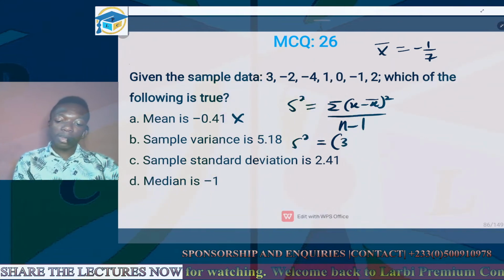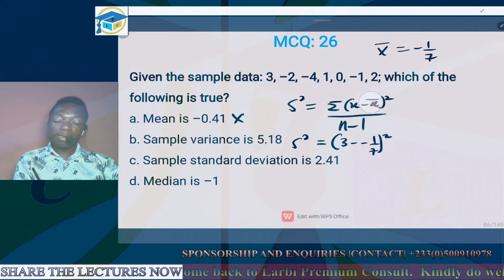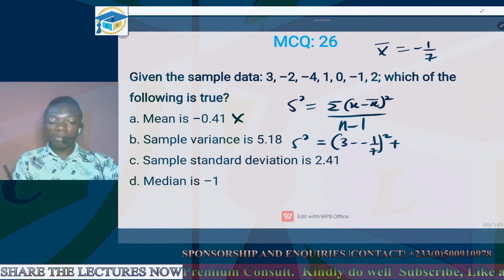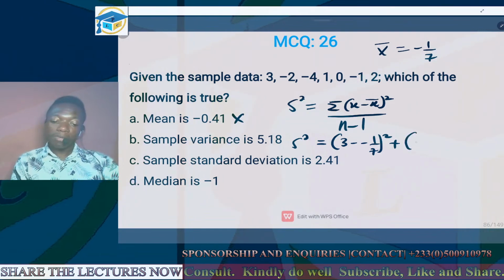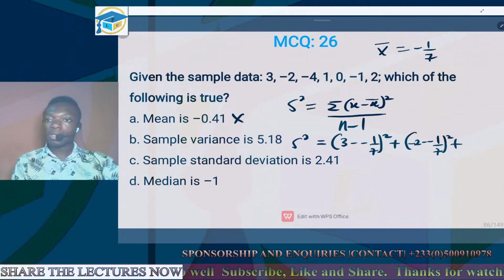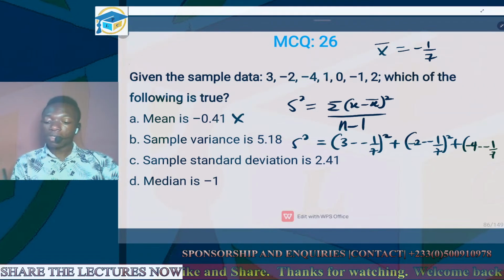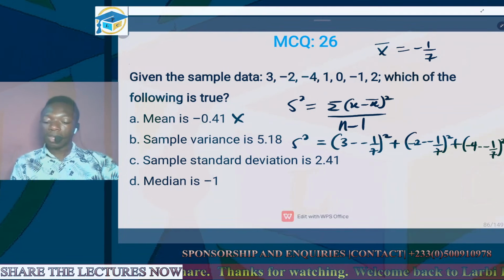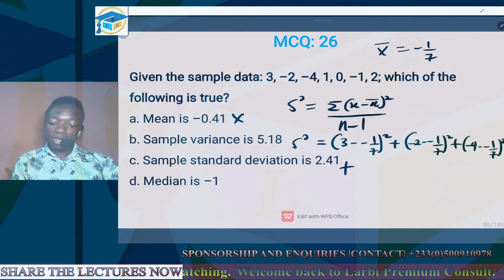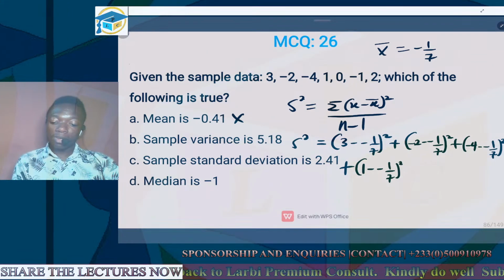We're going to have 3 minus -1/7, then we square it, based on the formula for the numerator. Since it says summation, we sum them up by introducing addition. Then plus -2 minus -1/7 squared, plus -4 minus -1/7 squared, then plus 1 minus -1/7 squared.